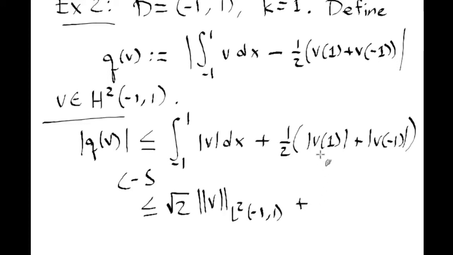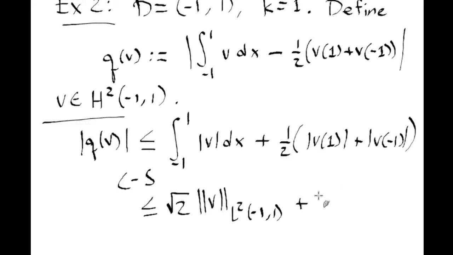Here, we can take the max, and functions that are in H2 on minus 1 to 1. So functions in H2 in one dimension are actually continuous functions. They are just continuous functions, so we can take the max.